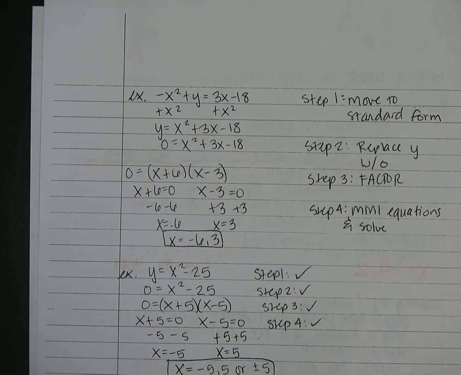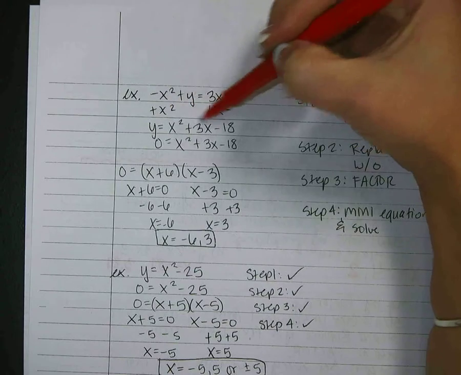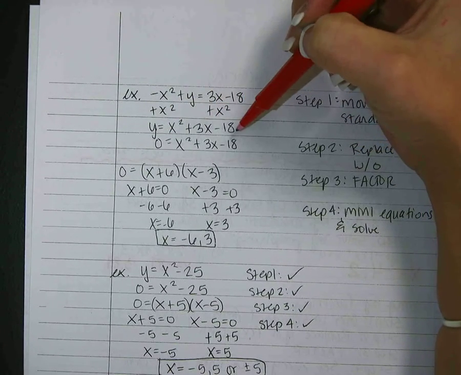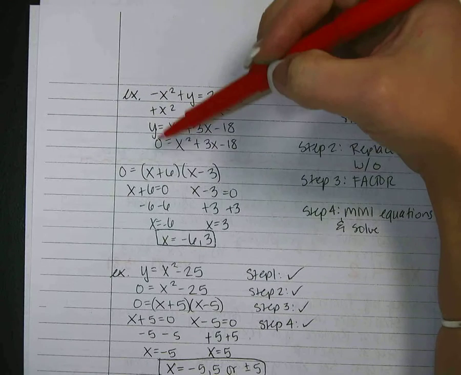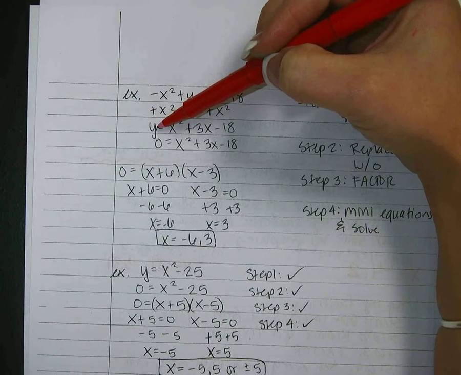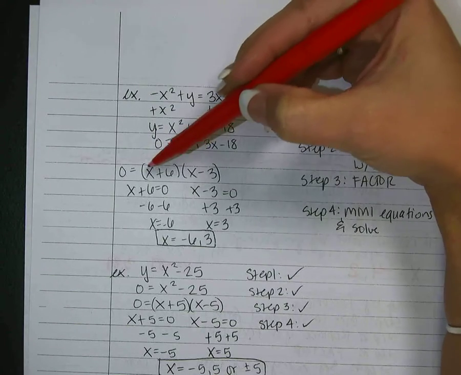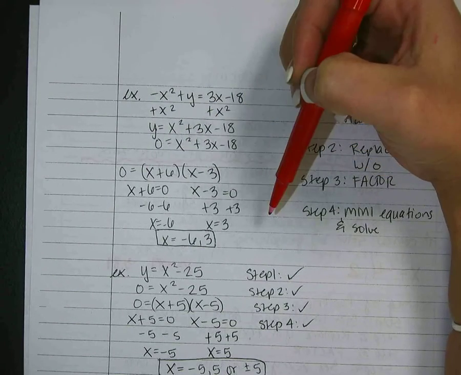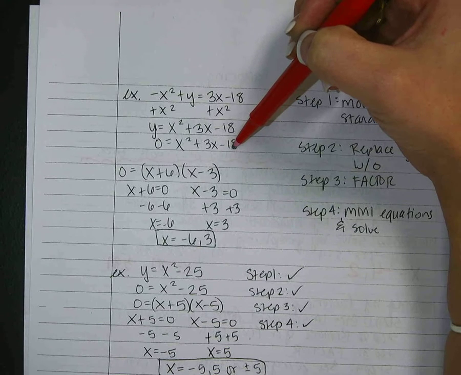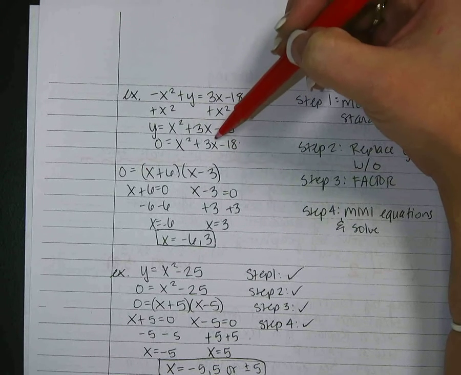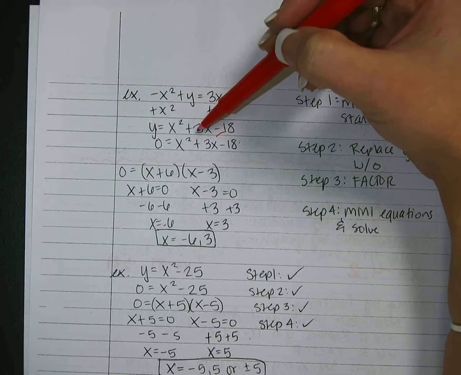Okay, so this one here, I first need to move it into standard form, which means the x squared is on the wrong side. So I moved it over here. And then I got y equals x squared plus 3x minus 18. And I inserted a 0 for y. Now it's time to factor. So I know my x squared only can split into x and x. Now I've got to think about how 18 can split so that it will give me a negative 18 when I multiply, but a positive 3 when I add.